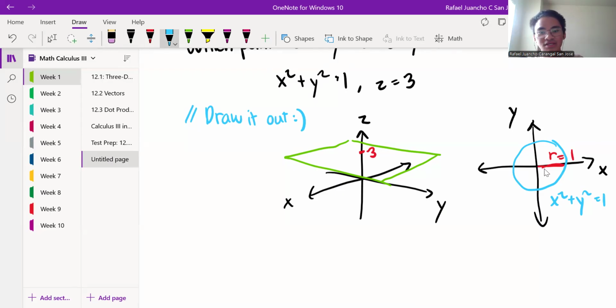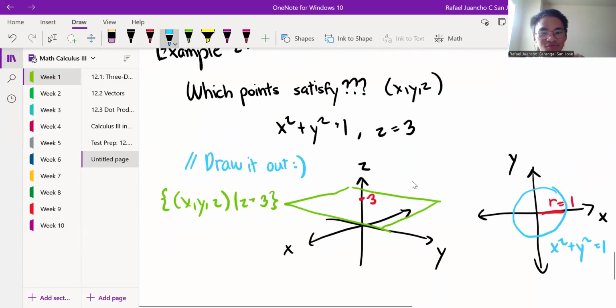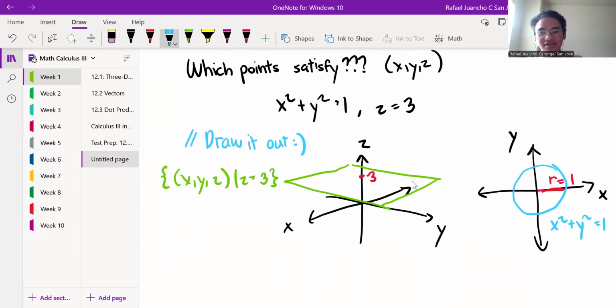So how do we apply that? We remember right now what we're learning is that this plane is the set of all possible points as long as z is 3. So the question again was which points satisfy x squared plus y squared equals 1 and z equals 3. We already got z equals 3. Now how do we apply x squared plus y squared equals 1?